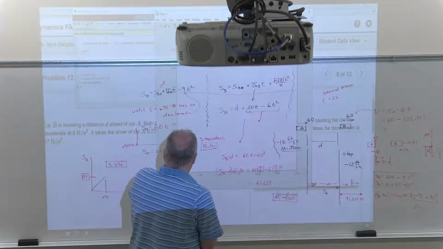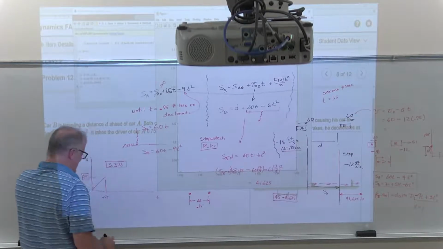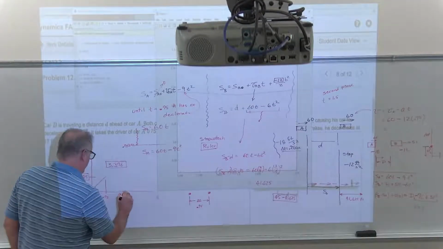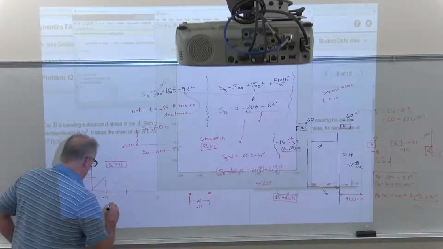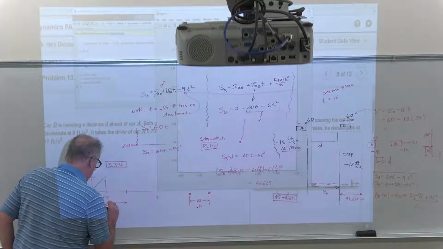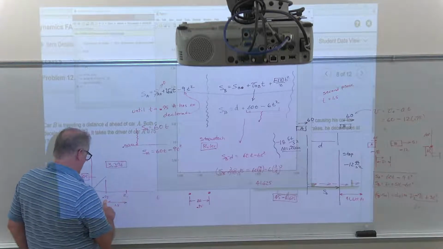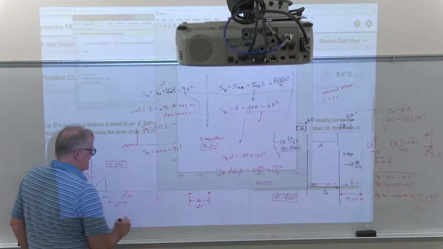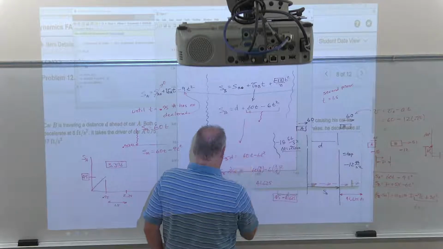So you could do this. You could go back here, put in, let's see, 1.5 more seconds, this is 1.5, so what is that, 2.25? And then over here, it would be the same thing, 2.25.